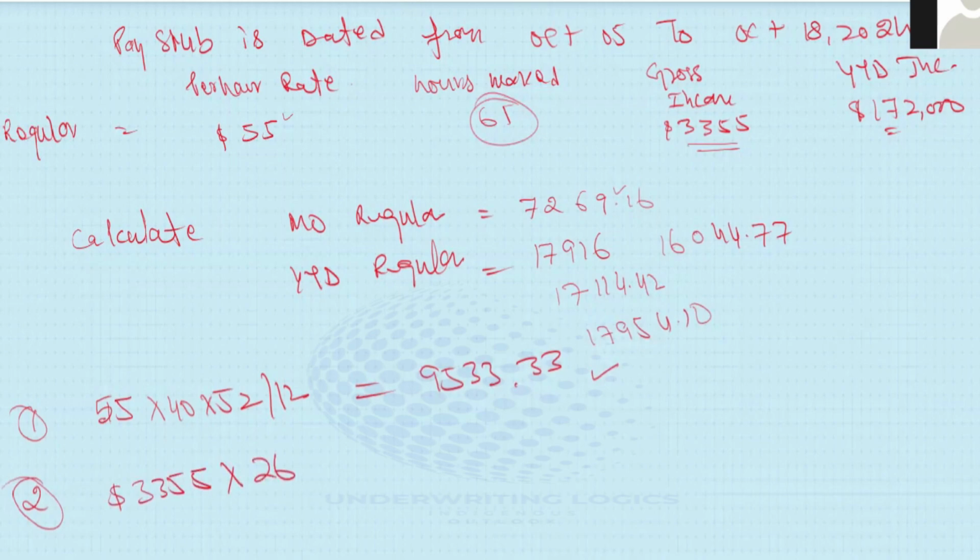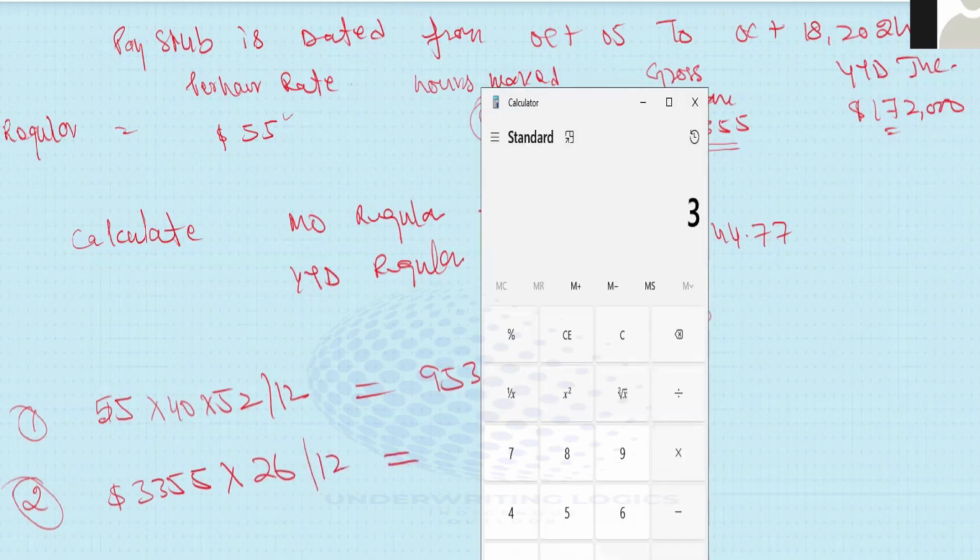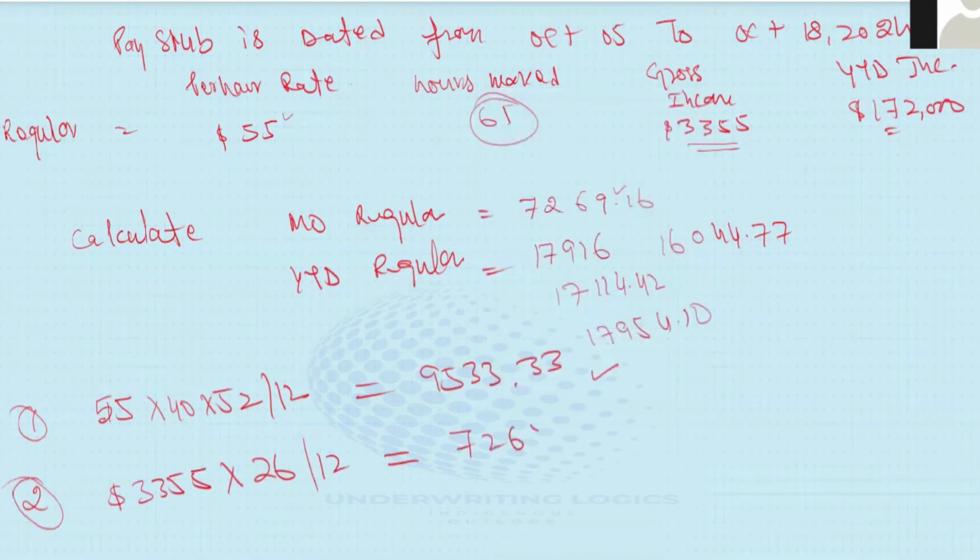So 3355 into 26 divided by 12 gives 7269.16. But this is for 61 hours. According to the hourly rate his income should be 9533, but he's not working full hours, so his income is this 7269.